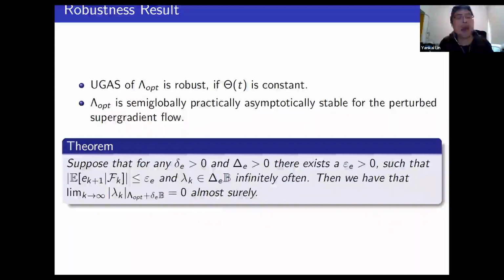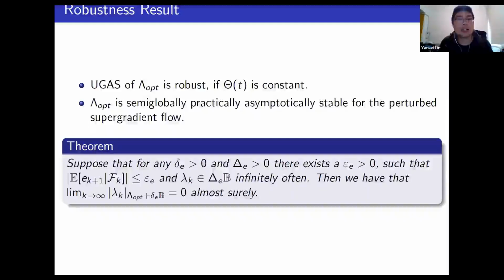And why do we need theta t to be a constant? That's from robustness results for continuous time systems. Because Q is a concave function, it can automatically be shown that the superdifferential is outer semi-continuous.